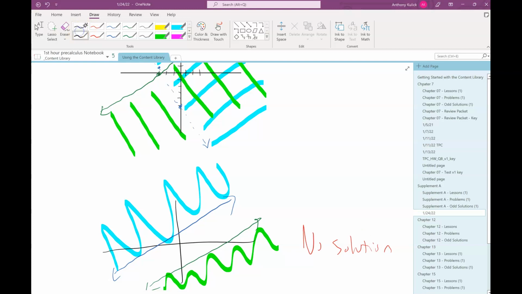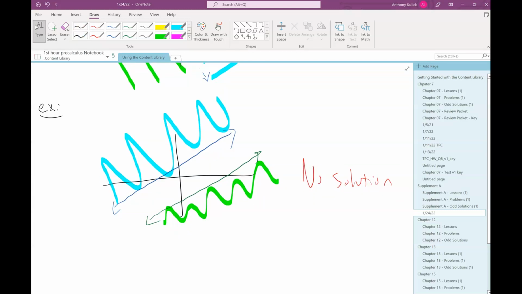So you can have no solutions. Now, technically, all of these problems are infinitely many solution problems because in one of these shaded regions, there's infinitely many points. But you can still have a strict no solution situation if you have parallel lines and you're shading opposite ends.